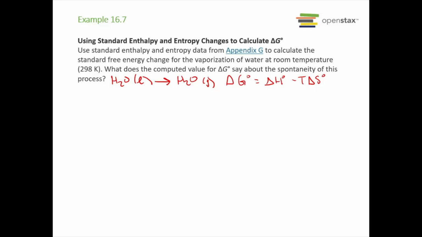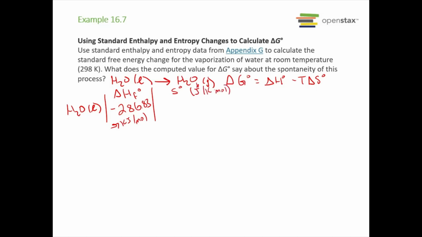So if you go to Appendix G, what you'll find is it'll give you a bunch of standard values. And so for liquid water, the change in enthalpy of formation at standard is negative 286.83, and this is kilojoules per mole. So kilojoules, keep that in the back of your head, and then the entropy we're given is in joules per Kelvin per mole.